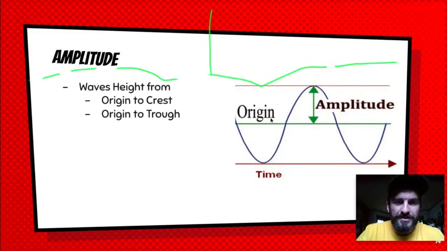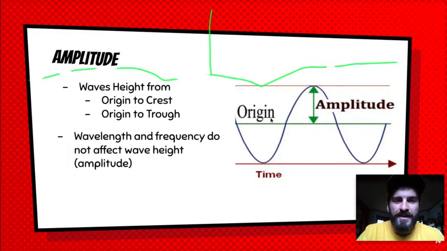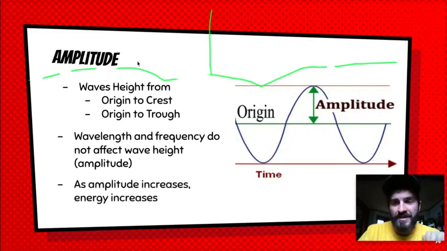The amplitude is just the distance from the middle of your wave, or the resting position, to the crest. It is not affected by wavelength, and not affected by frequency. It's all about the energy. The more energy you have in a wave, the larger that amplitude is going to be.